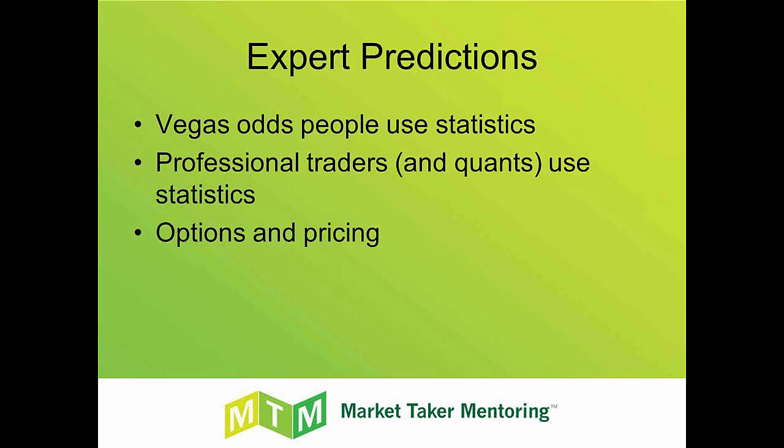They're not gamblers, they're mathematicians. Professional traders, what they call quants, do the exact same thing that Vegas odds people do. They run the math, they look at how the game works, and they play it in order to put the odds in their favor, to give them what they call in the business an edge.